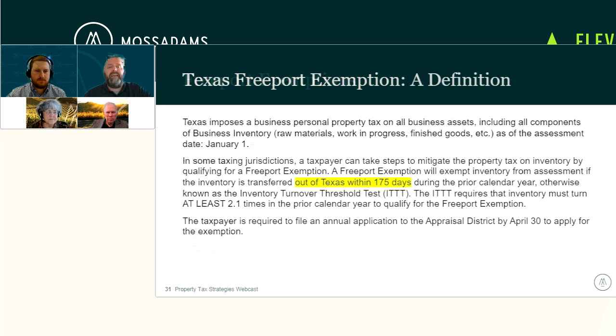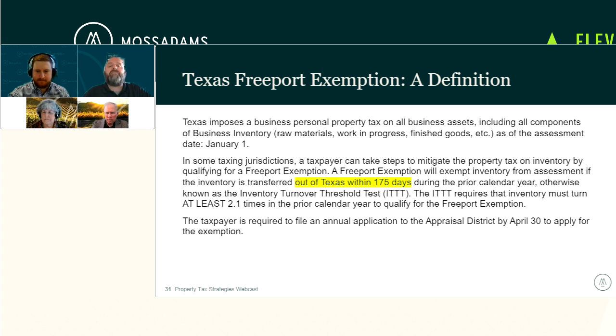So let's talk about Texas, the great state of Texas. Freeport exemption, the definition is, we talked about personal property is all components or all the business assets, including all components of business inventory, raw materials, work in progress, finished goods, the whole 9 yards. And that's as of the assessment date of January 1st.